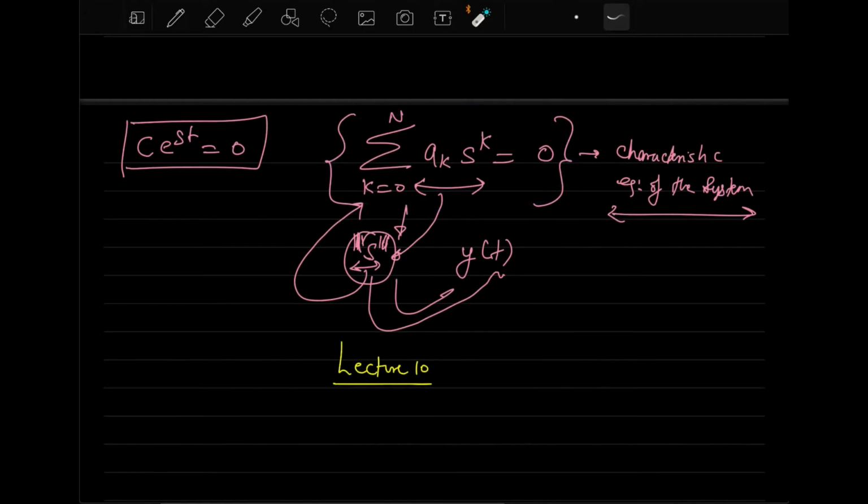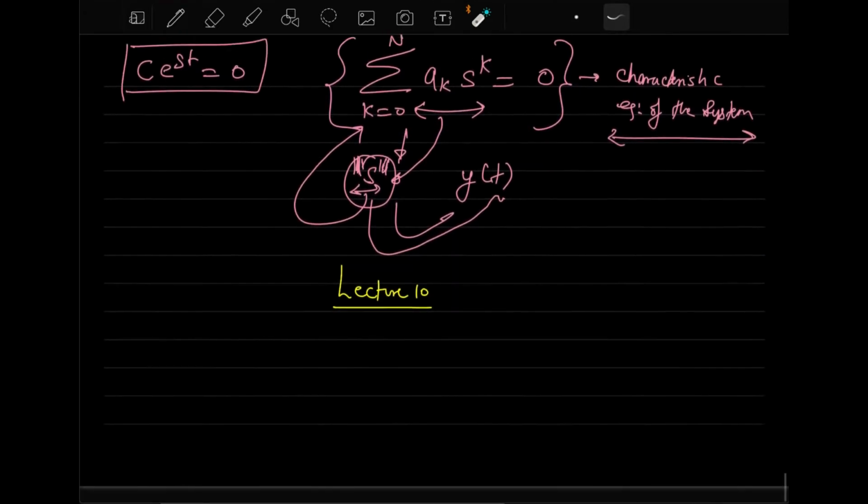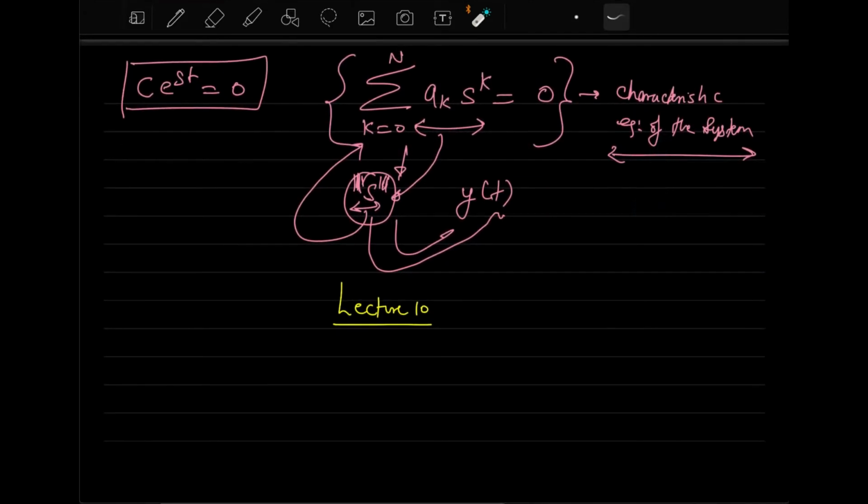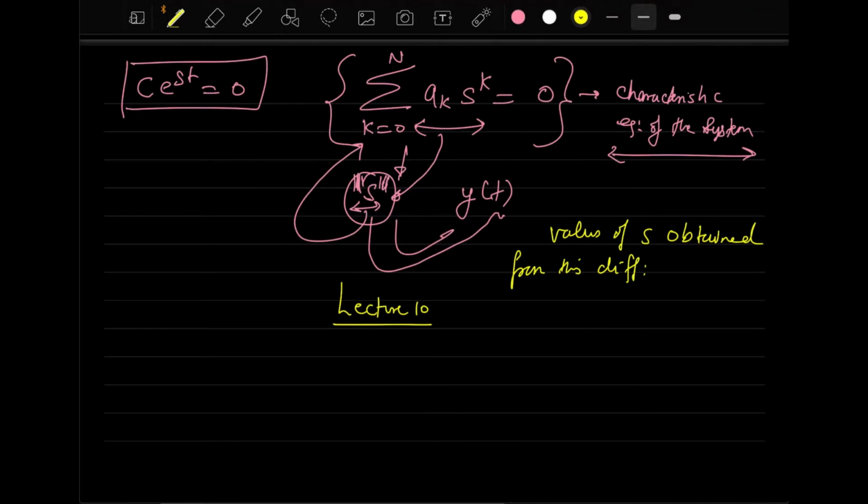This we already discussed in the last class, that we can represent that equation by this equation. So now what happens is this is called the characteristic equation, and the values of s obtained from this differential equation can be used in exponential functions that we have already defined.